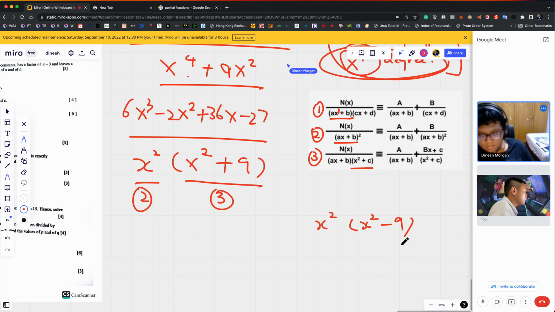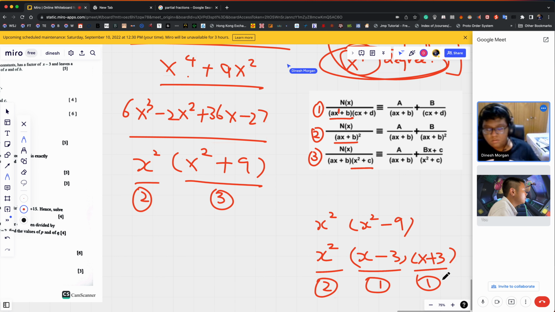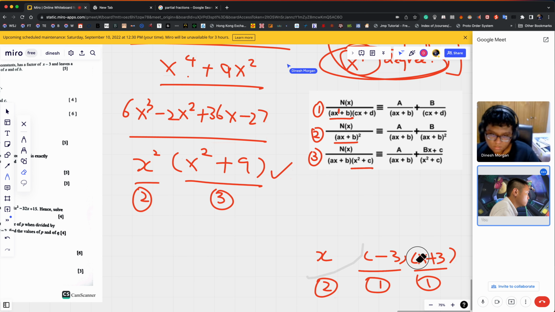For the denominator, you need to continue. This is case 2, this is case 1, this is case 1. But we are having case 2 and 3 in this, right? Okay, good to go.